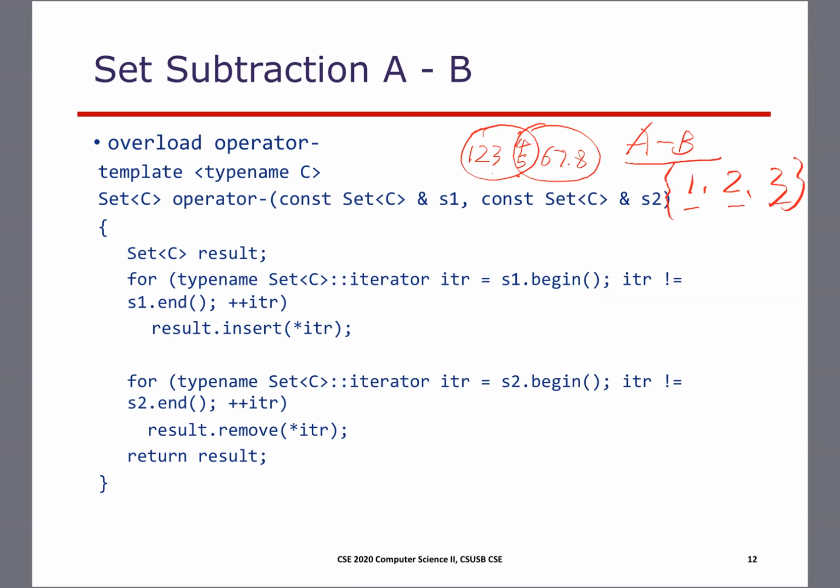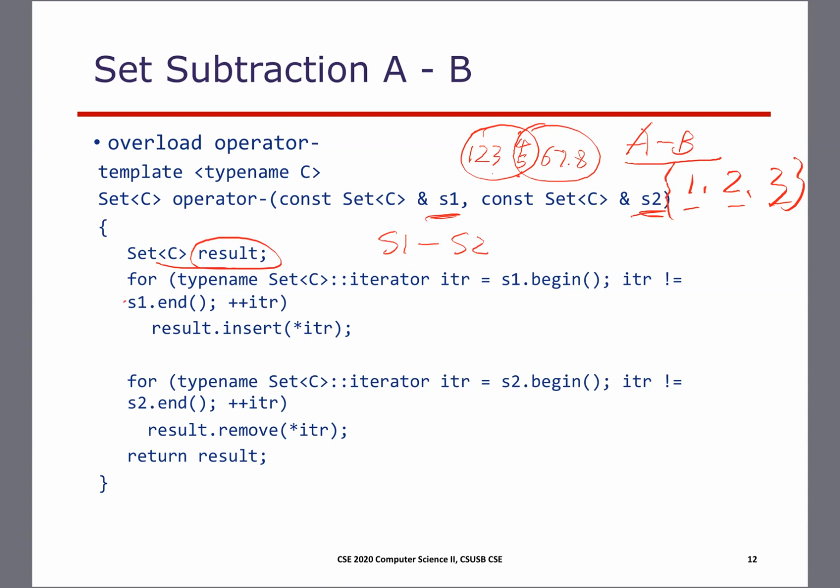To implement this operator, we have two parameters, S1 and S2, and we will get S1 minus S2, the difference between S1 and S2. We declare result, the set object.